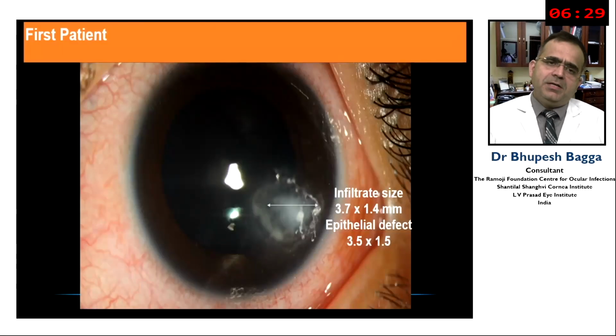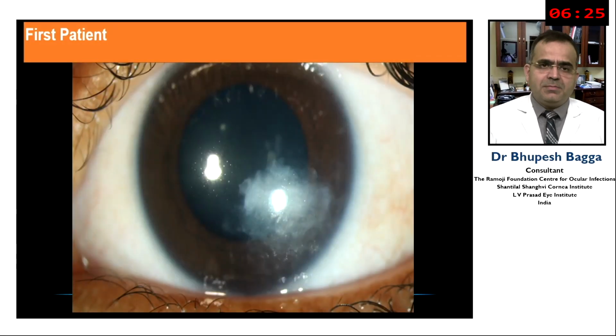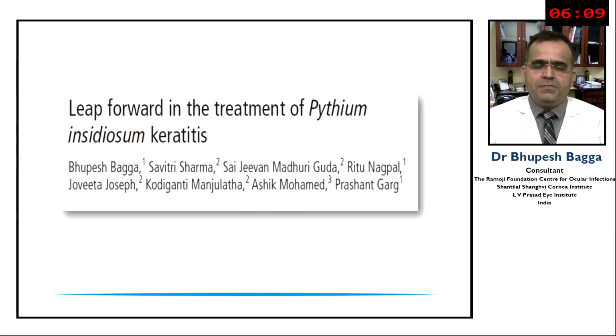Based upon this experience of in vivo and in vitro antibiotic susceptibility testing, this is our first patient we managed with a combination of these two antibiotics, and this was a 3.7 to 1.4 millimeter, smaller infiltrate with confirmed Pythium, and it responded in 1.5 months. So we conducted a pilot trial and came out with the treatment in our publication.